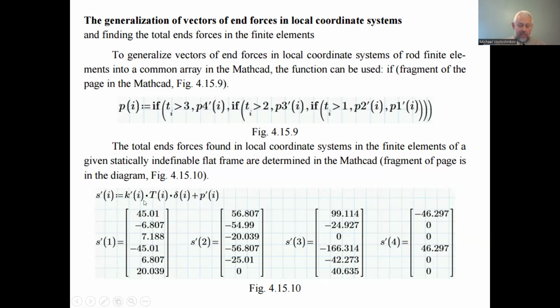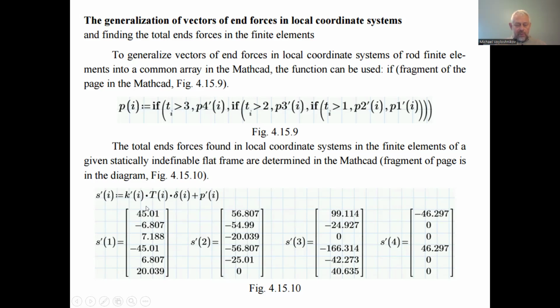This depends by the formula on the displacement of the ends, transformed by this matrix T and multiplied by the displacement delta transformed from the global to the local coordinate system.